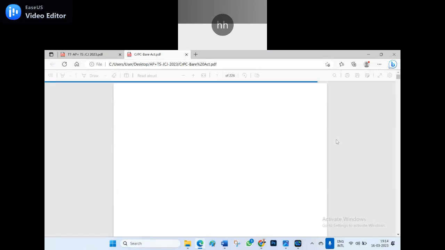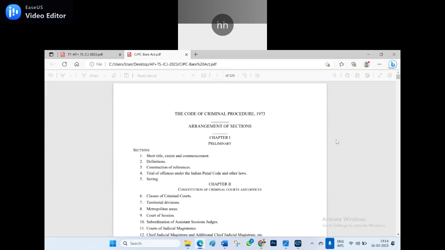Supplementary questions, these are all. When did the CrPC 1973 come into effect, get enforced? Supplementary question. 1st April 1974. What is the act number? Act 11. That is a different Act 11.